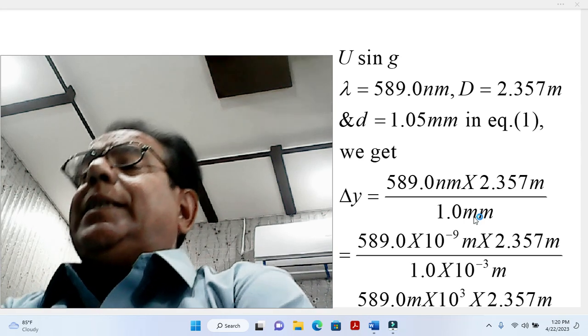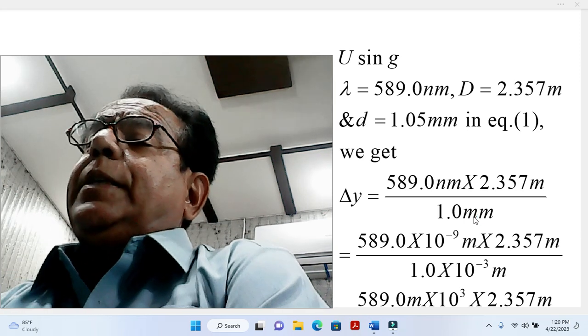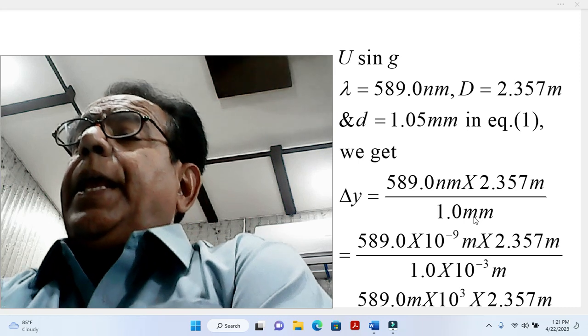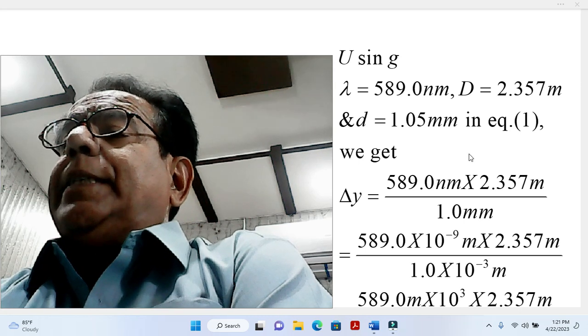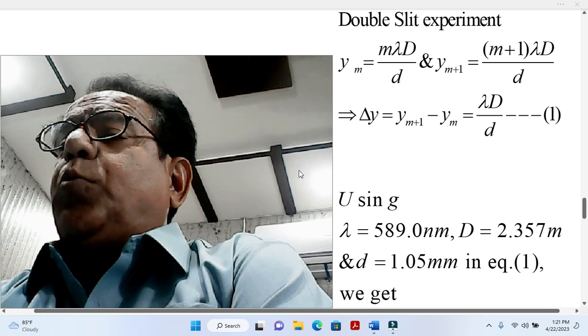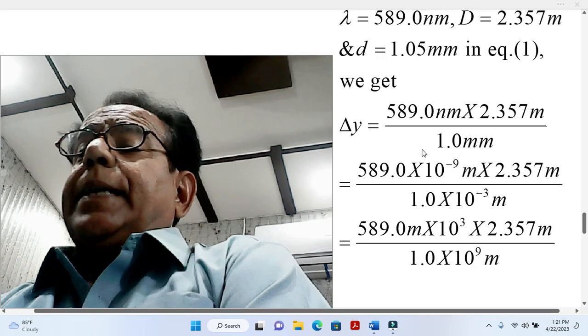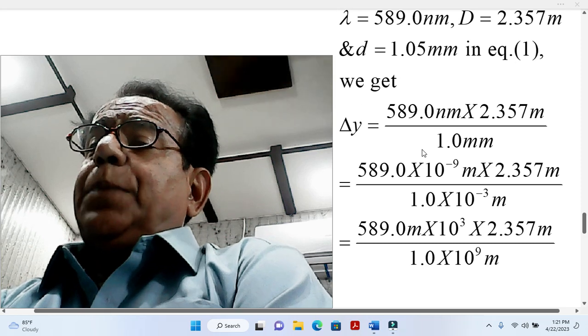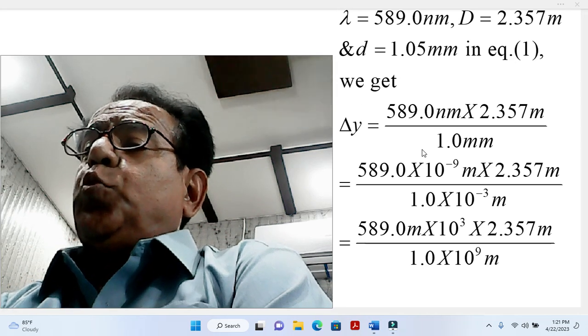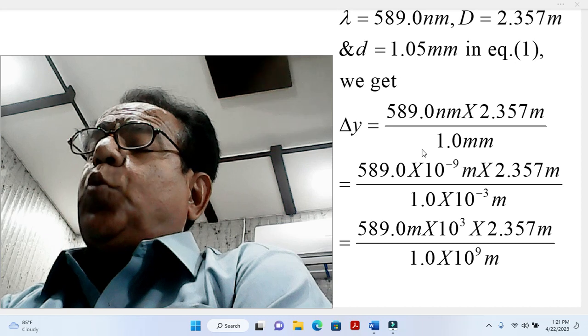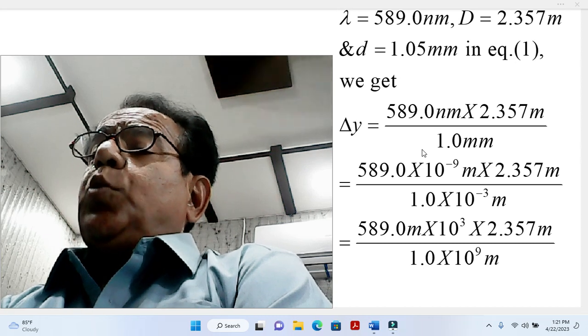All these three values have been provided in this statement, and we have to put these three values in equation number 1. Then we will get delta y is equal to 589.0 nanometer into 2.357 meter over 1.0 millimeter.